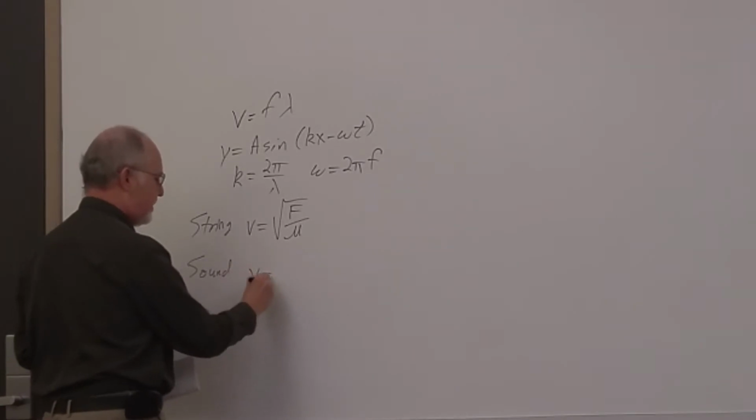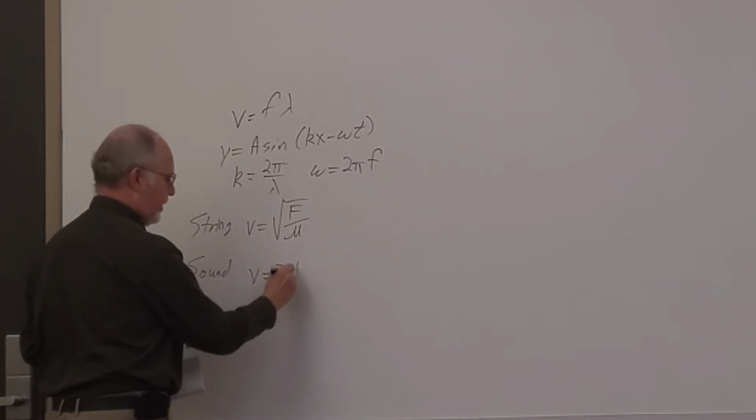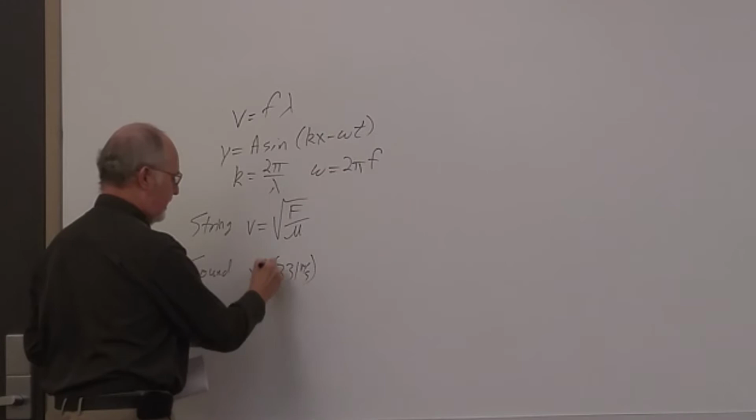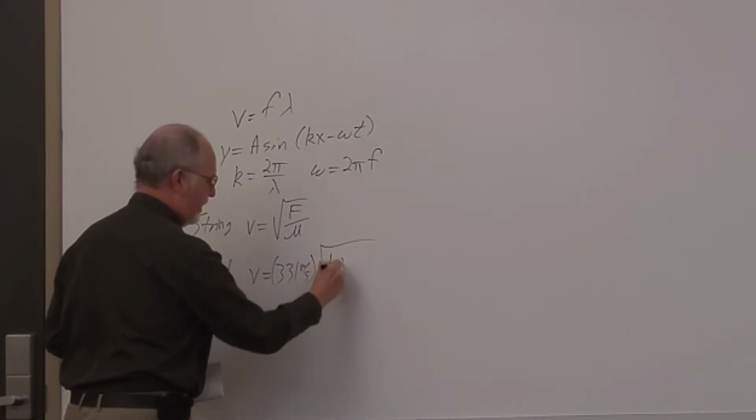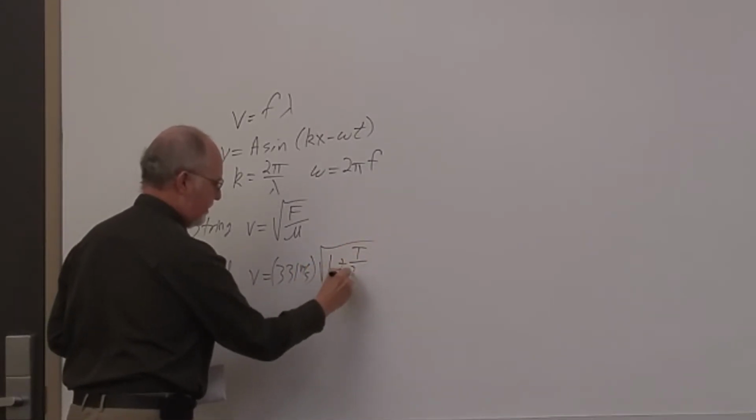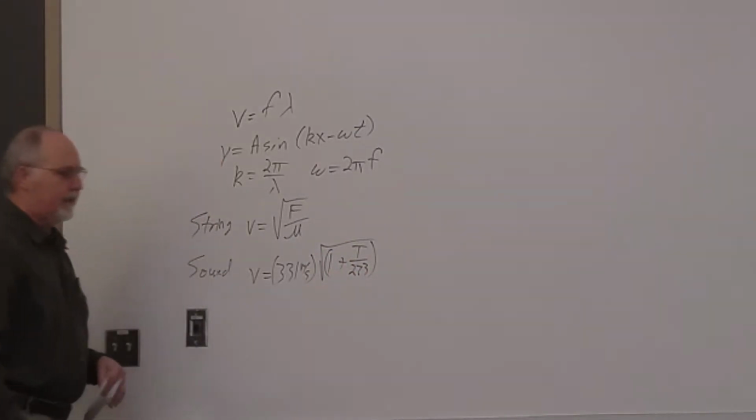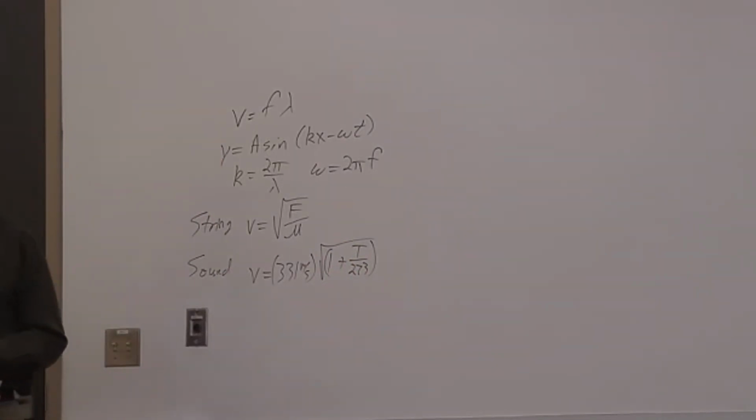The speed of the sound wave was 331 meters per second times the square root of 1 plus the Celsius temperature over 273. If you're using Kelvin, it's just the square root of T over 273. So leave off the 1 plus if you want to use Kelvin.